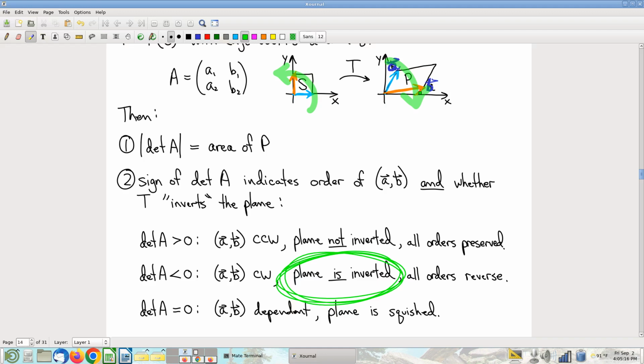And so you might say that the plane has been flipped, or reflected. If you think about it, a flip is the same as a reflection through a line. And just as a catch-all, I'm saying inverted, since any of those are all equivalent anyway. So this is just a more general term. Does that make sense to everybody?